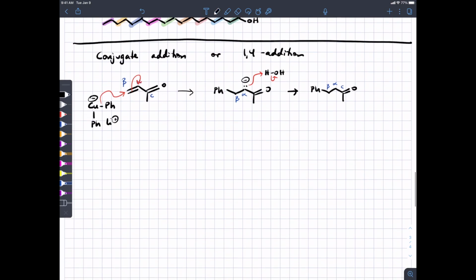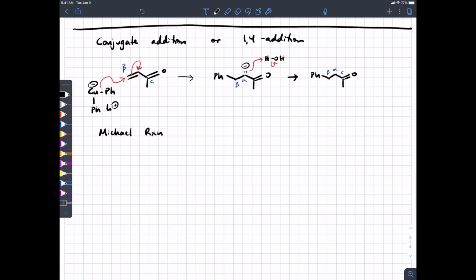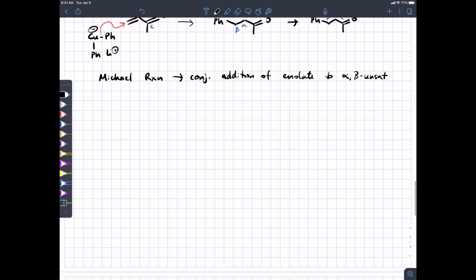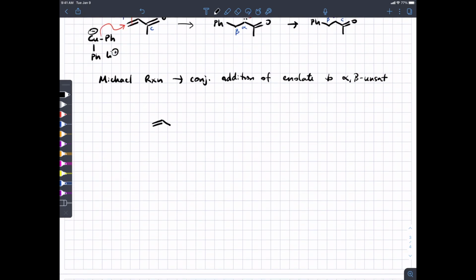So we're going to introduce a new reaction called the Michael reaction, or the Michael addition reaction. But this is really just conjugate addition of an enolate to an alpha-beta unsaturated carbonyl compound. So how might this work? Well, let me take this aldehyde and then maybe this aldehyde, and let's do the conjugate addition reaction.